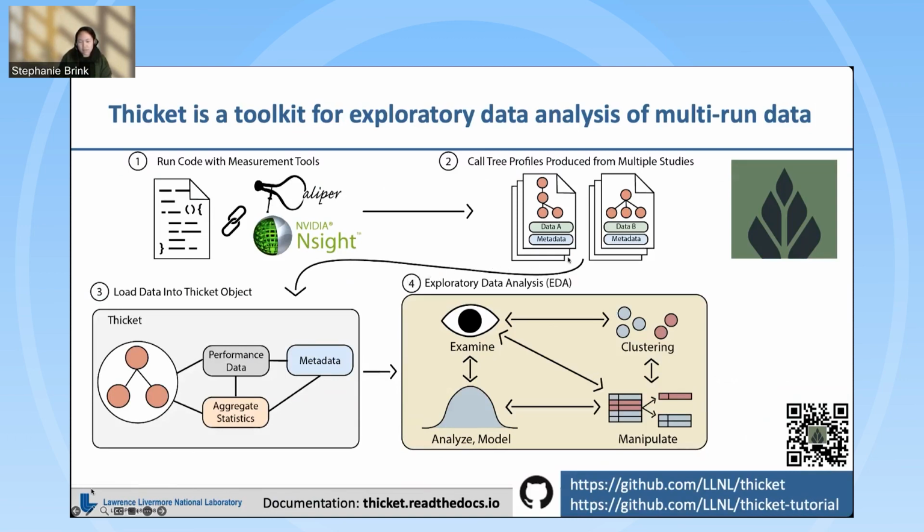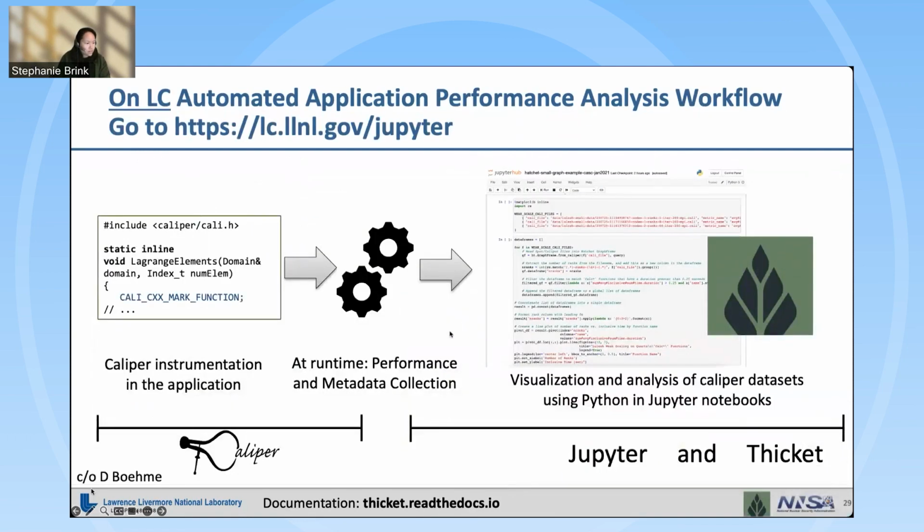Then within Thicket, once you have all those profiles, we're able to load them in and take advantage of some of the analysis tools that we've developed in Thicket. And this is consistently growing as we get new requests from the community. So it's always changing. Before we dive into hands-on, I have one last slide.